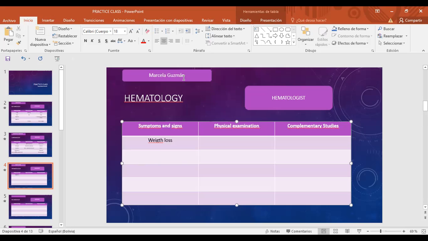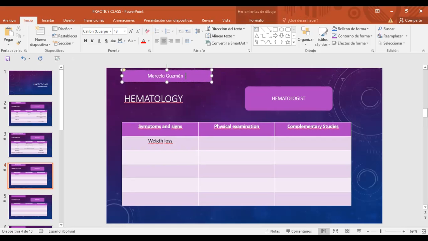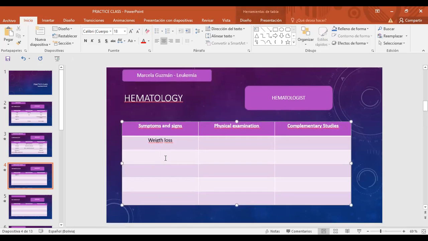Some headaches, or this person could also have pain in joints and bones. Yes, great. So we're going to write joint and bone related pain, right?